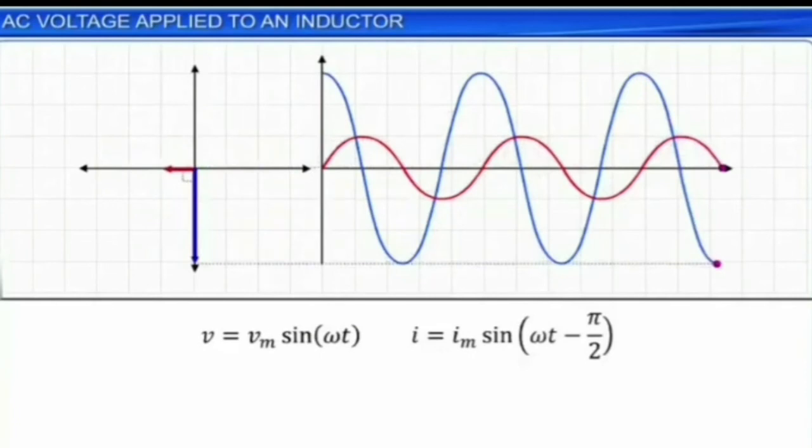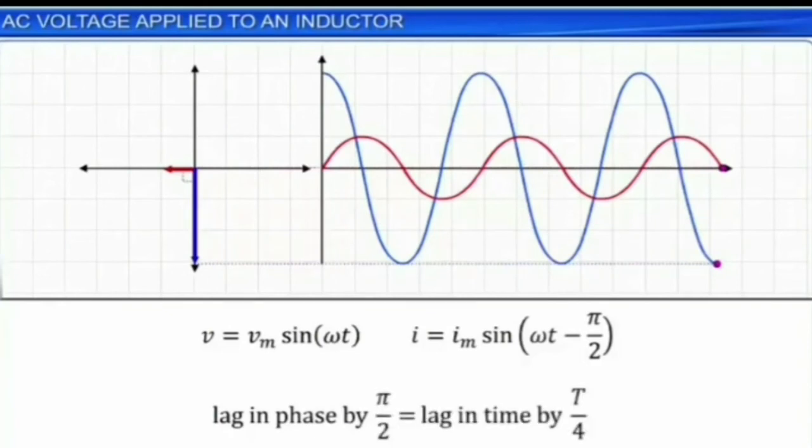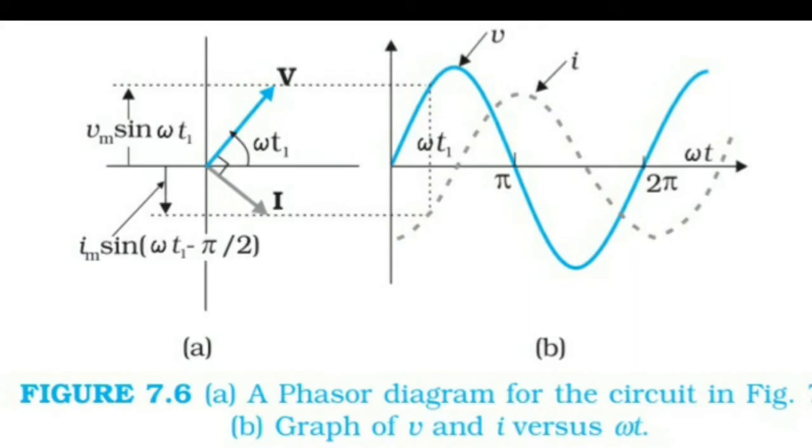So the two phasors are represented like this: the violet line stands for voltage and the pink or red line stands for current. As they rotate, they generate Vm sin omega t and Im sin omega t minus pi by 2. This is the phasor diagram given in the textbook.